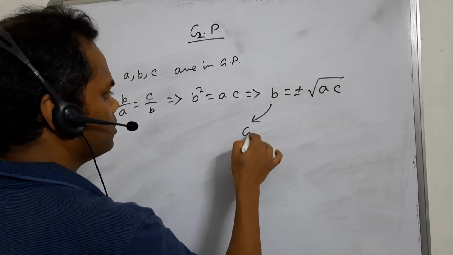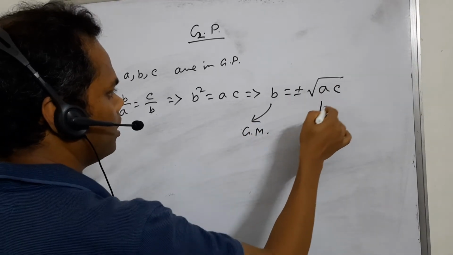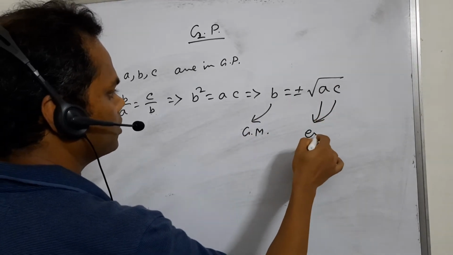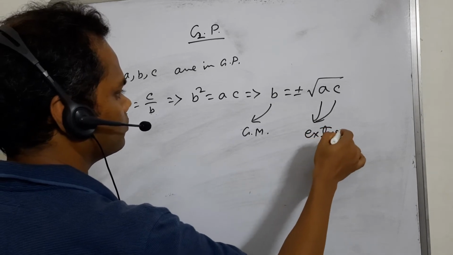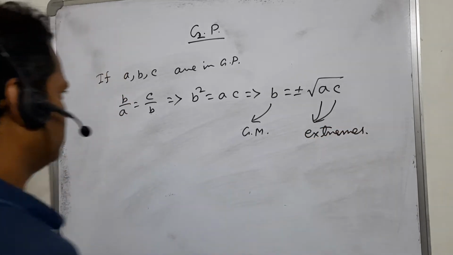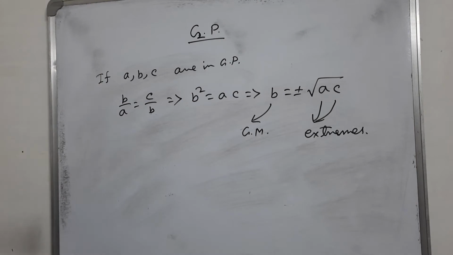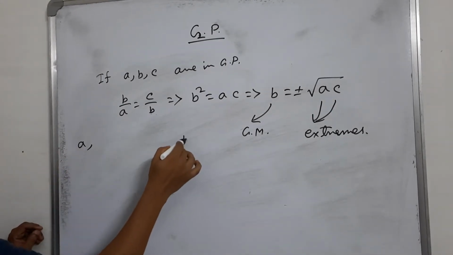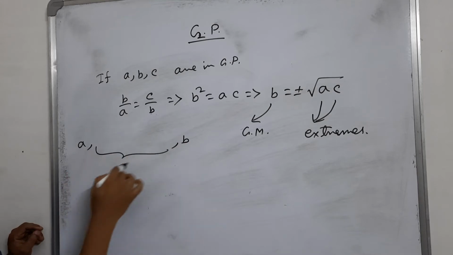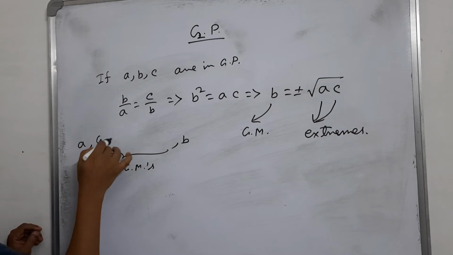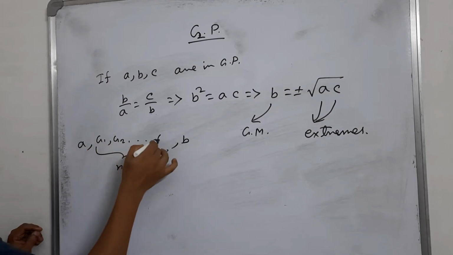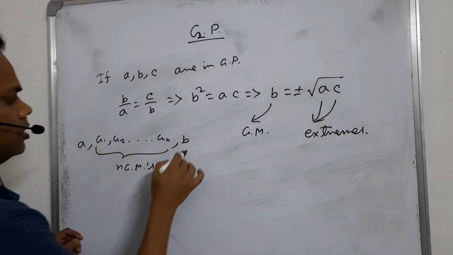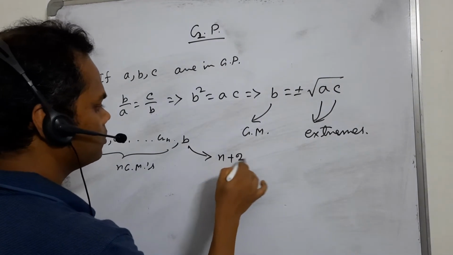Here b is the geometric mean and a and c are extremes. And if the first term is a and the last term is b and there are n geometric means G1, G2 dot dot Gn, then b is the n plus 2th term.